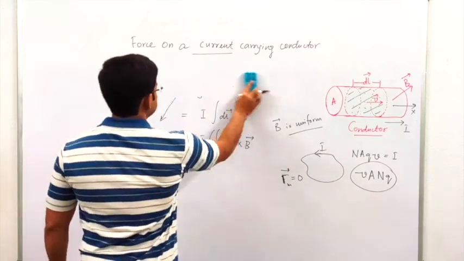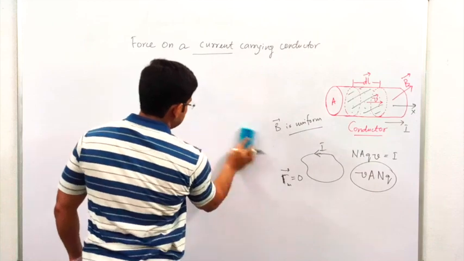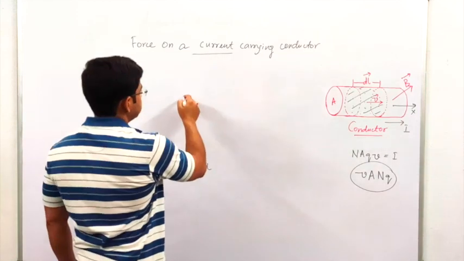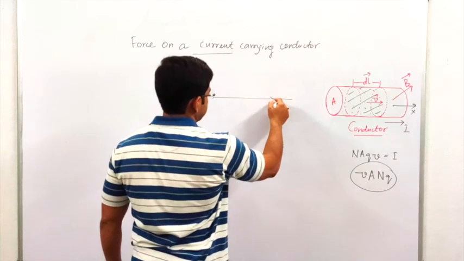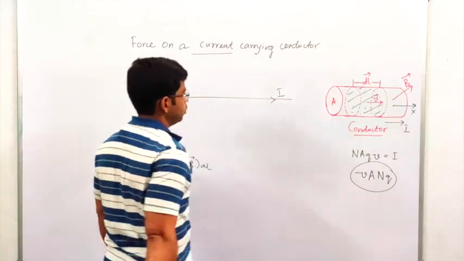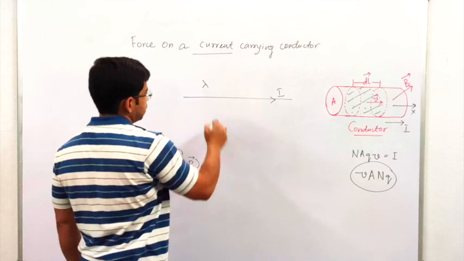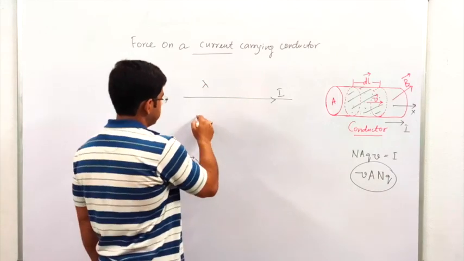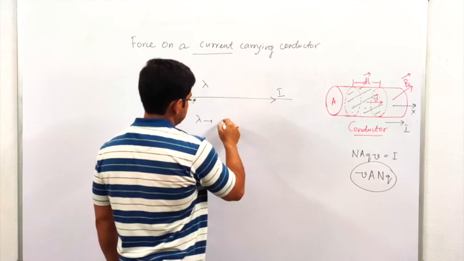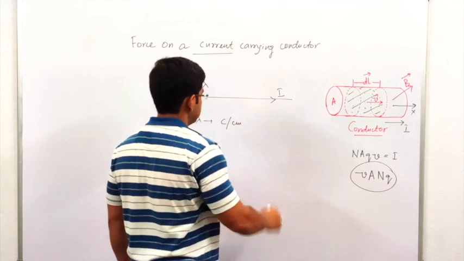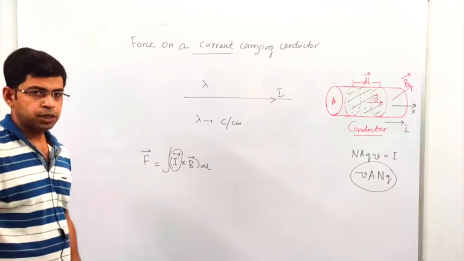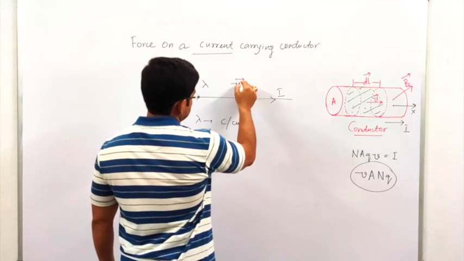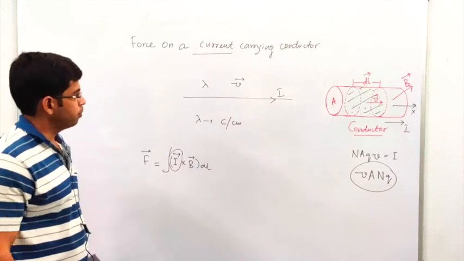So to understand this, let us consider a simple one-dimensional straight wire through which current I is flowing. Also let lambda be the charge density in one dimension, that is charge per unit length. Say it has the unit coulomb per centimeter. Lambda is the charge density flowing through the wire, and say v is the velocity of the charged particles.